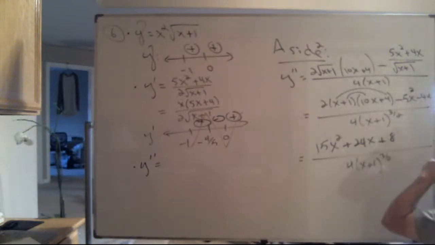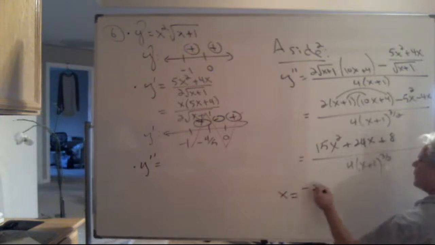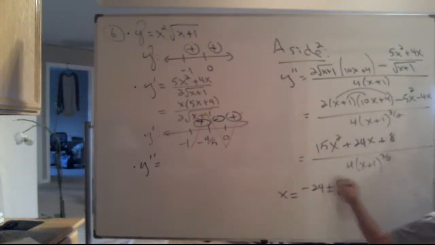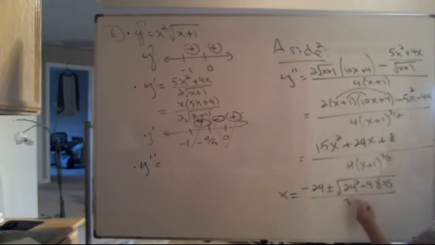So it looks to me like the zeros of y double prime are obtained when this is equal to 0. So solving the quadratic equation, does that tell me this? That gives me the following.